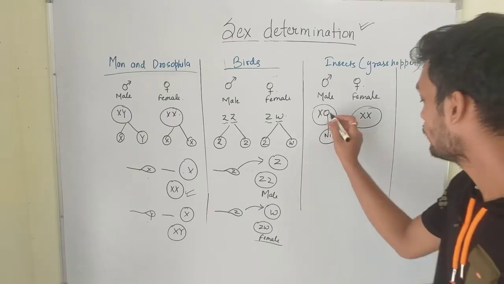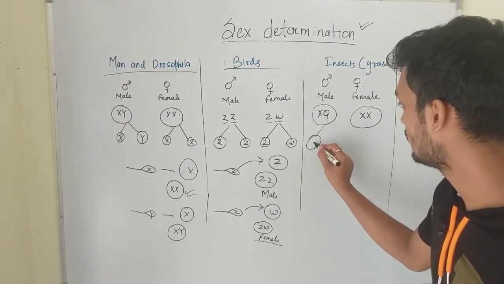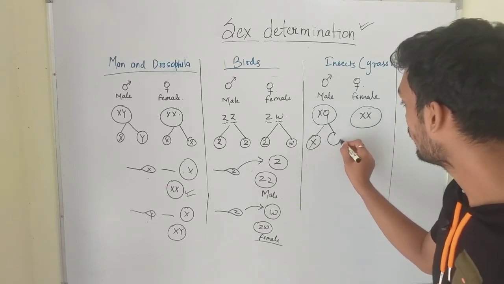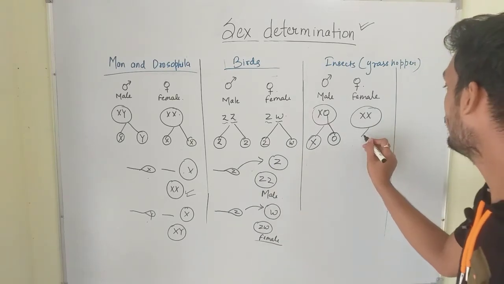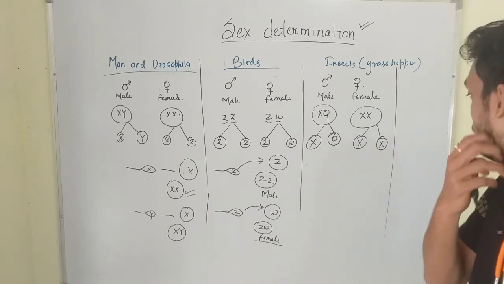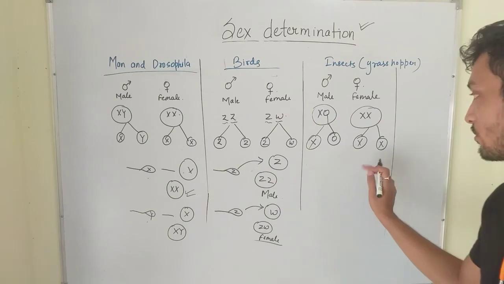So during gamete formation, the male can form either a sperm with an X chromosome or a sperm without any chromosome. The female, with X and X chromosomes, can form eggs that each have an X chromosome.